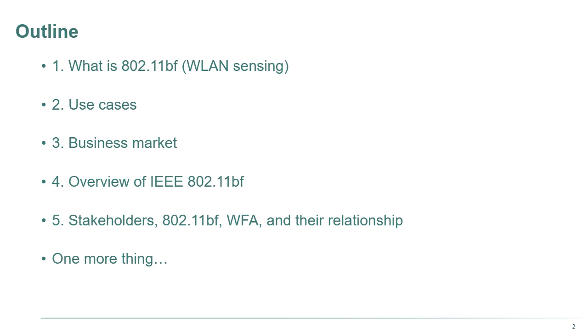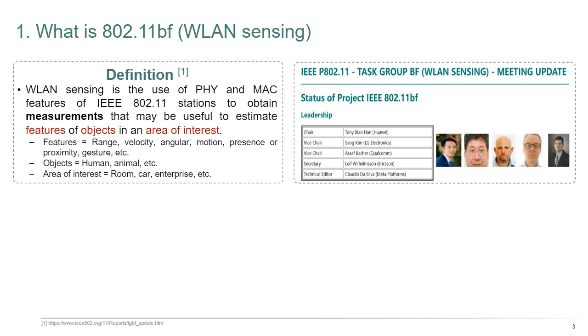So let's start with the first question: what is the IEEE 802.11bf WLAN sensing? We have a definition on our official website, which is: WLAN sensing is the use of PHY and MAC features of IEEE 802.11 stations to obtain features that may be useful to estimate features of an object or area of interest.